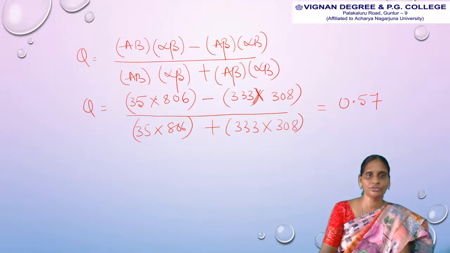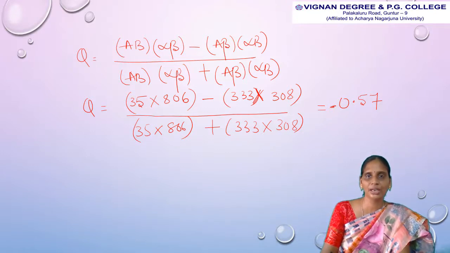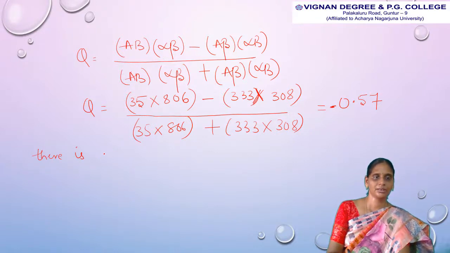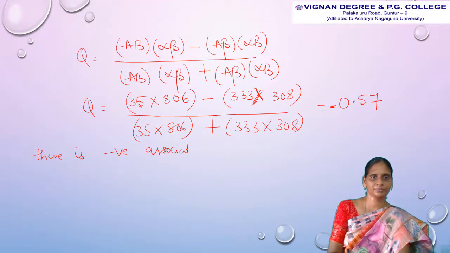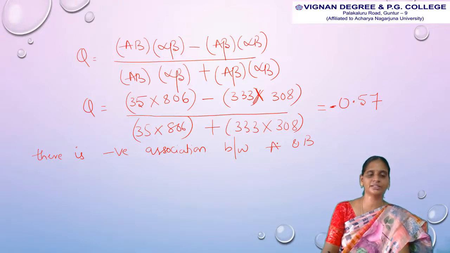The value of Q here is minus 0.57. So here there is negative association between the attributes A and B, that is, between the attributes attacked and vaccinated.